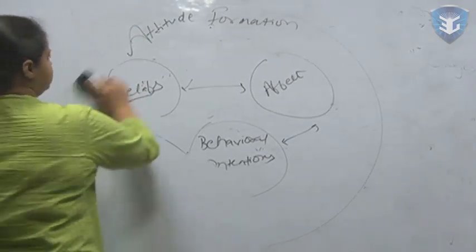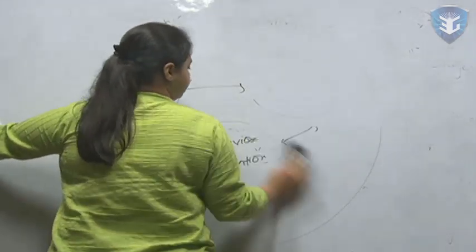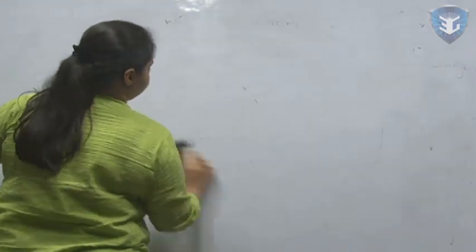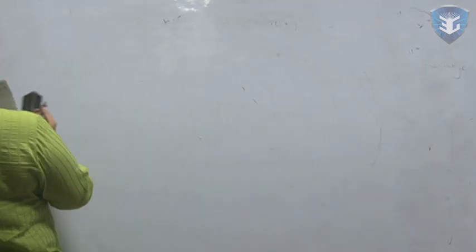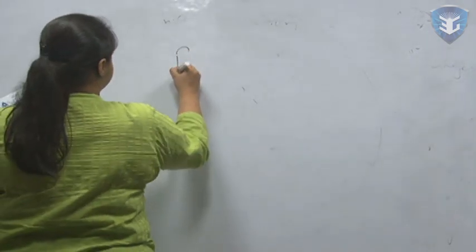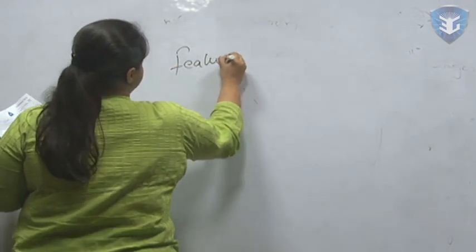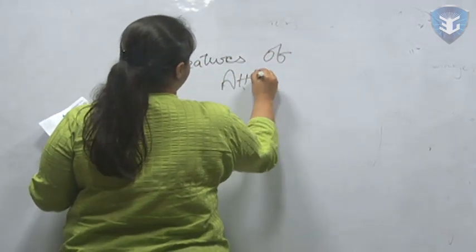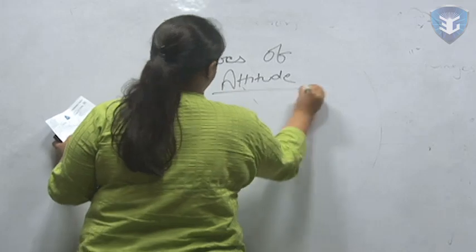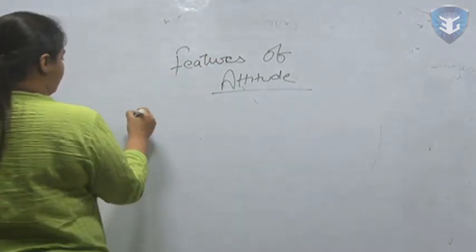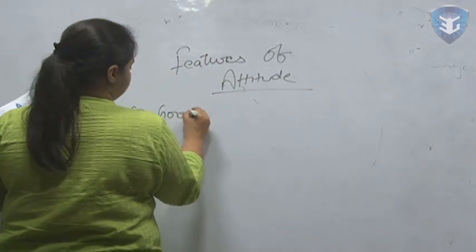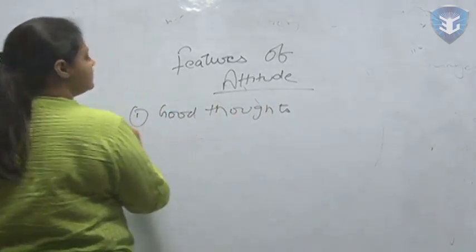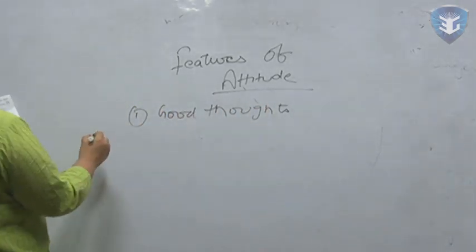Further to this, let's see what are the features of attitude in general, which can be linked with any individual. So, features of attitude. One, good thoughts. If thoughts are good, we can say that someone's attitude towards something is good.